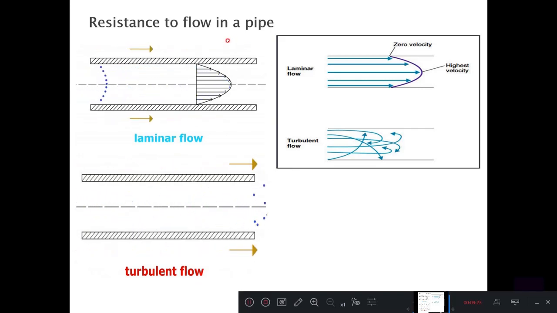Because of these local eddy currents within the fluid adding resistance to the flow, the velocity profile in a pipe will show that the fluid elements in the center of the pipe will move at a higher speed than those closer to the wall. Therefore, friction will occur between the layers. So because of this velocity gradient, friction will occur between the layers within the fluid.